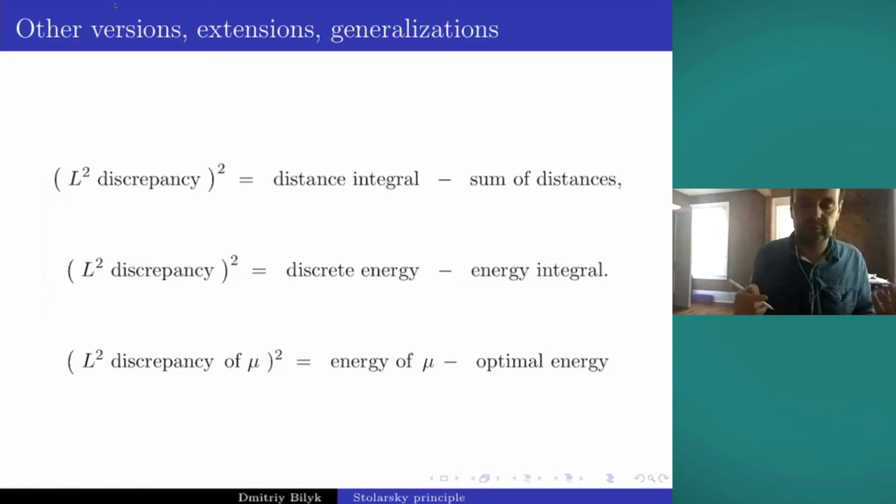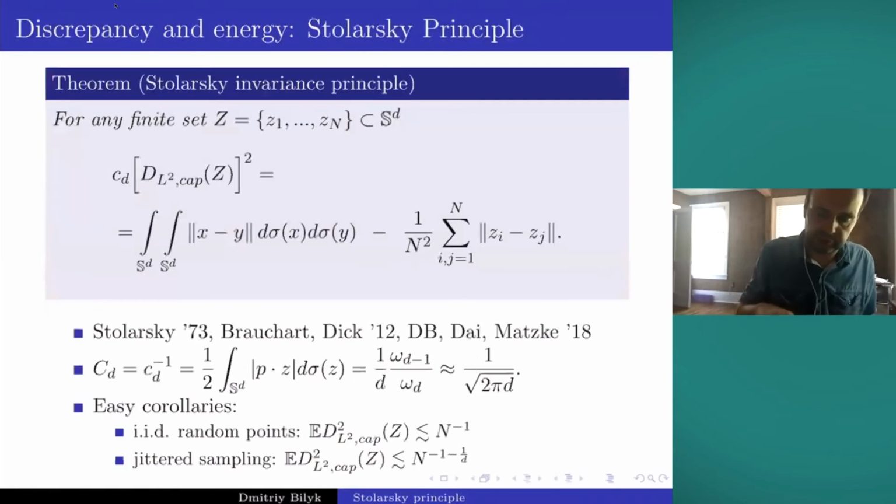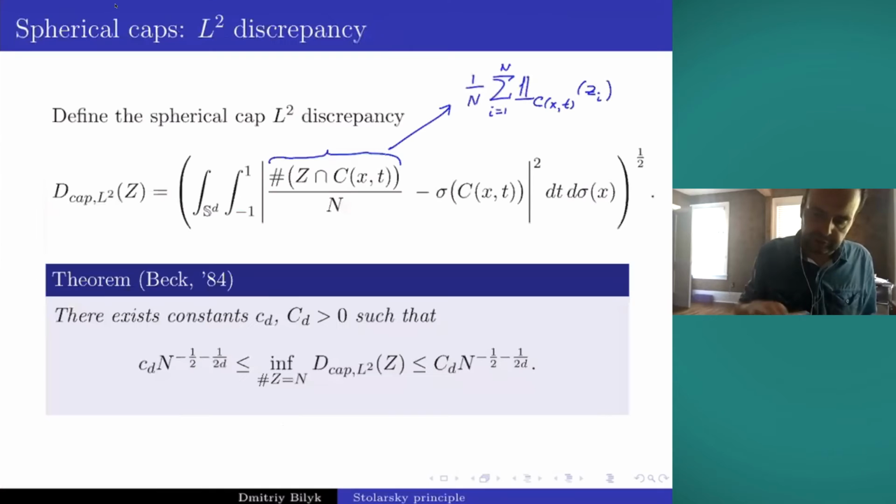And you don't have to consider the L2 discrepancy only for discrete sets. You can also do it for measures. If you go back to the definition of discrepancy, here this is the empirical measure of the set of points Z. You could replace it by an arbitrary measure mu, take the measure mu of the spherical cap, compare, and do the same thing. So you can do the spherical cap discrepancy for measures instead of sets of points.